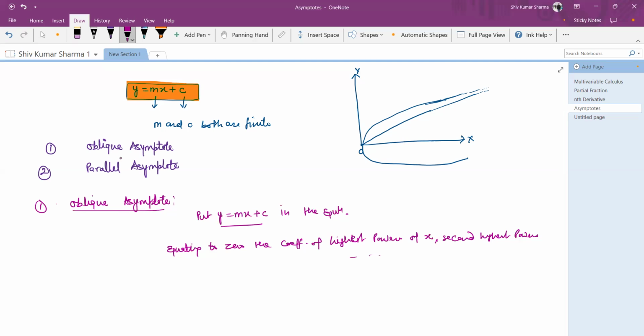So we take an example. We obtain the values of m and c.